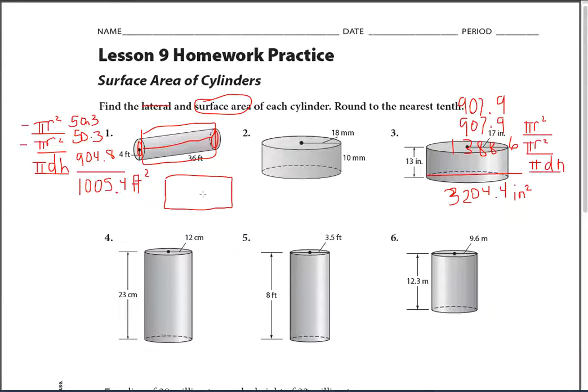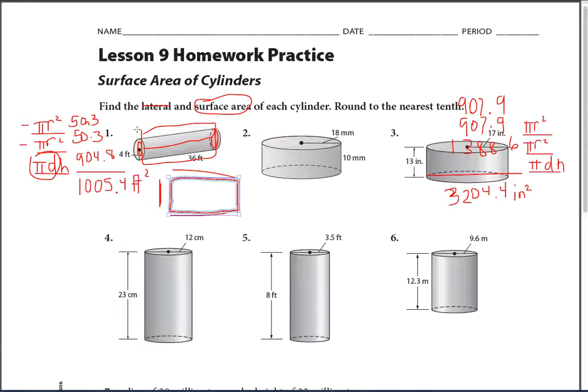And that rectangle, when you roll it up, this part right here at the top and the bottom, is actually the circumference of the circle. And that's where you get this pi d from. And then the height, of course, is how tall it is.